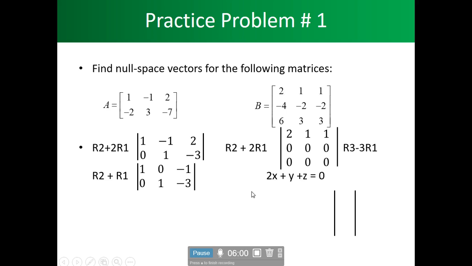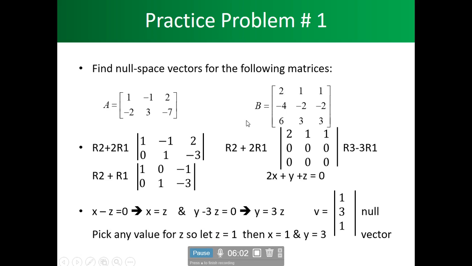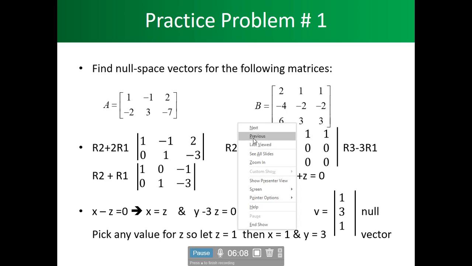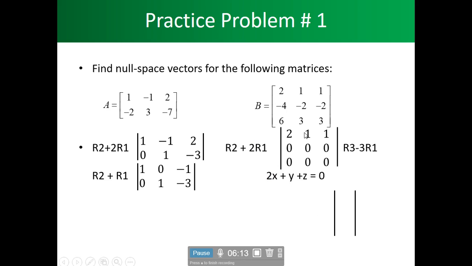So if we multiply 2 times R1, okay, and then we add that to row 2, we get 0, 0, 0.